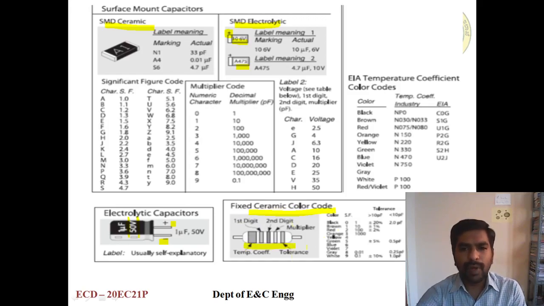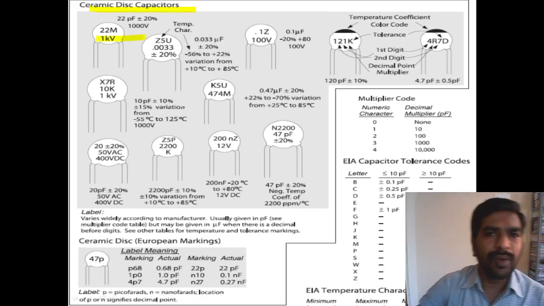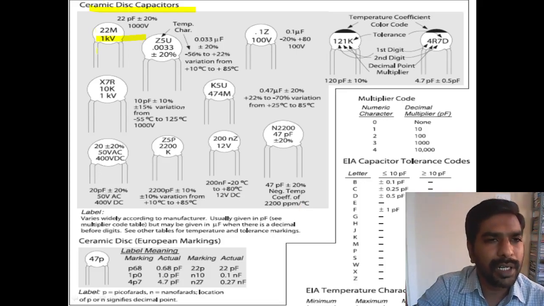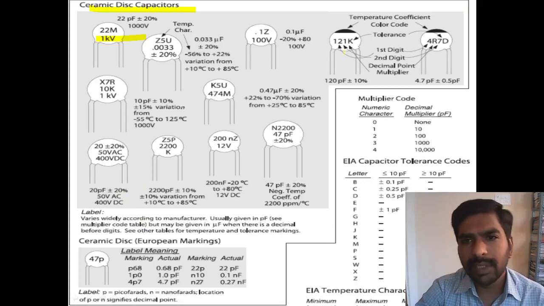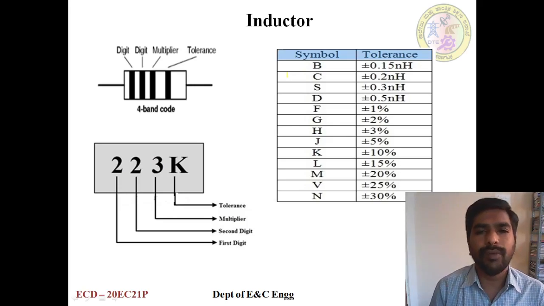There is a color code that can be calculated. And this is a ceramic disc, this I have covered, 2 digit and multiplier with a picofarad ceramic label. So these are all the different ways we can calculate the capacitor value, with the help of color code and digits printed on the body of the capacitor.